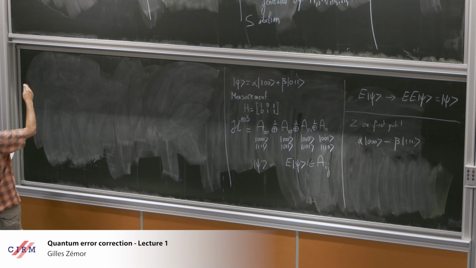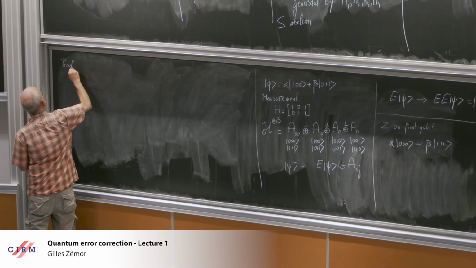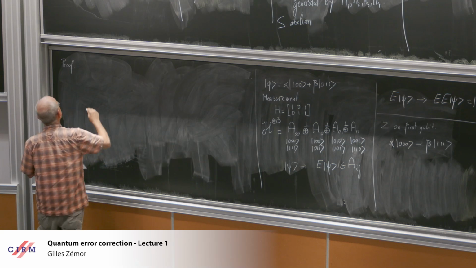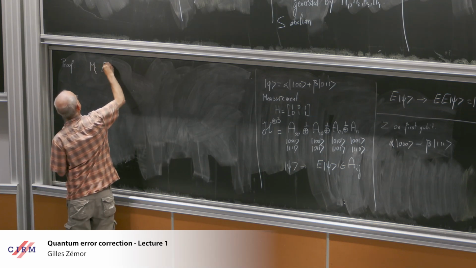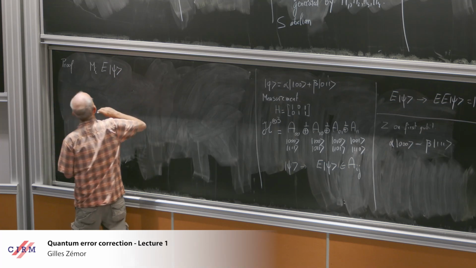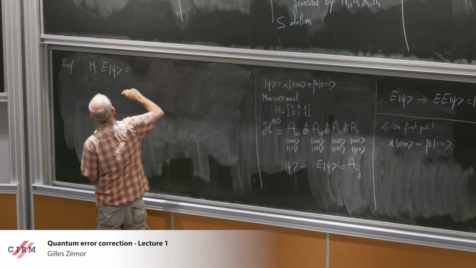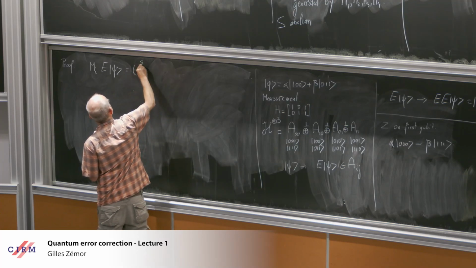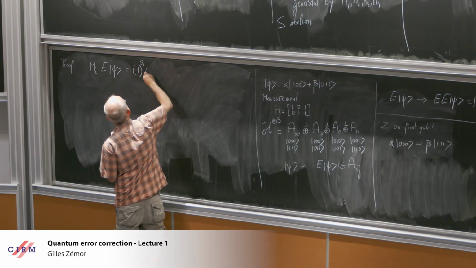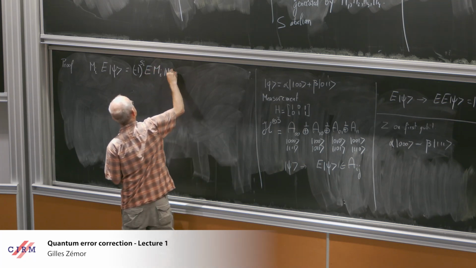So why do we have this? The proof is very simple. Apply Mi to E times psi. Well, by definition of Si, this is (-1) to the Si times E times Mi applied to psi.